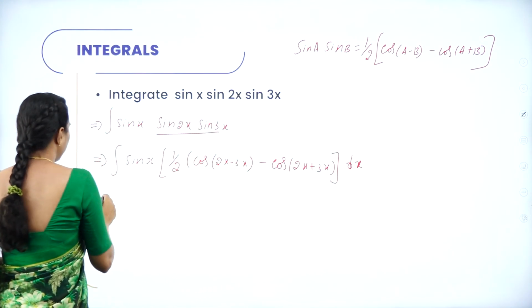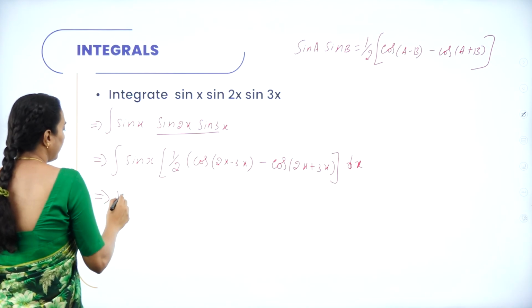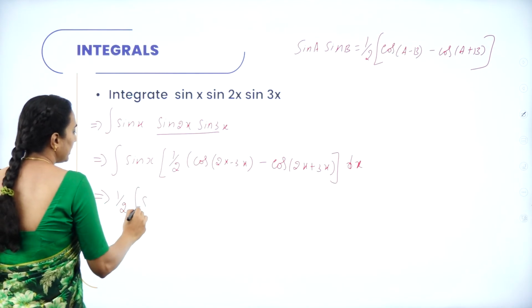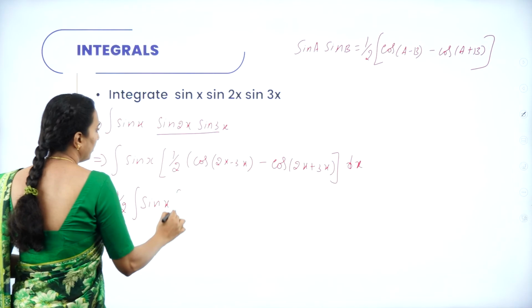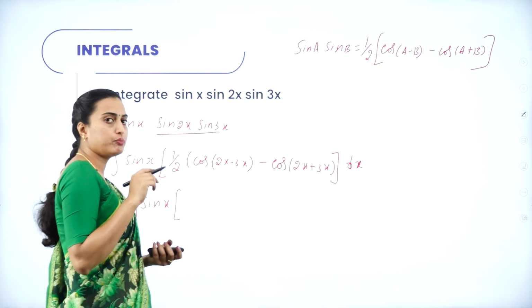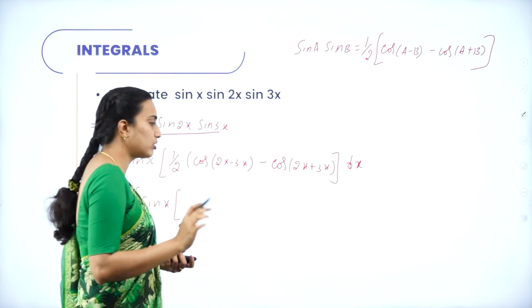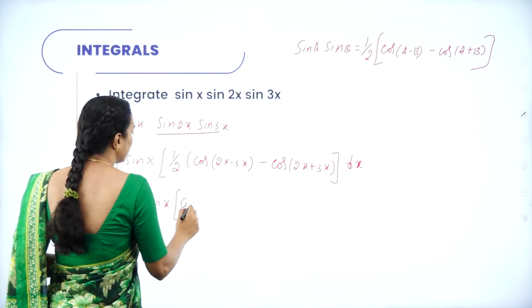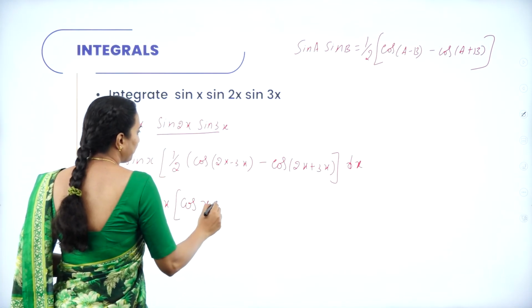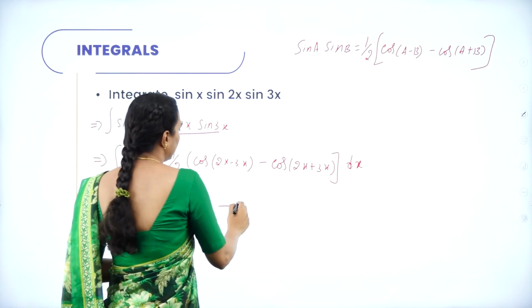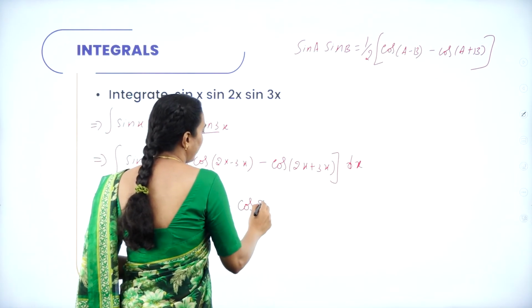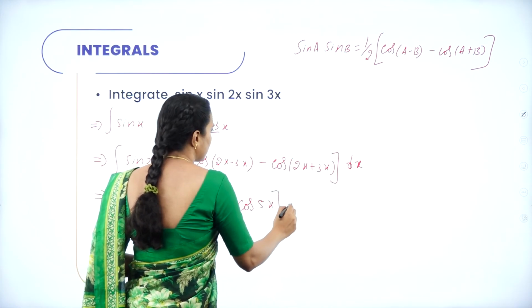Now which will become, see, you can take half outside the integral, sin x as it is now into cos of 2x minus 3x is cos of minus x. You know cos of minus theta is plus cos theta. So cos x minus cos of 2x plus 3x as 5x into dx.